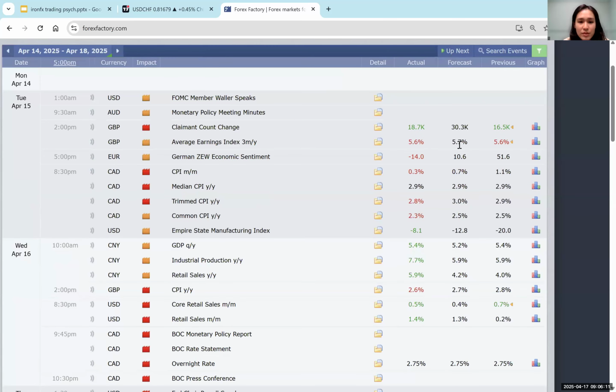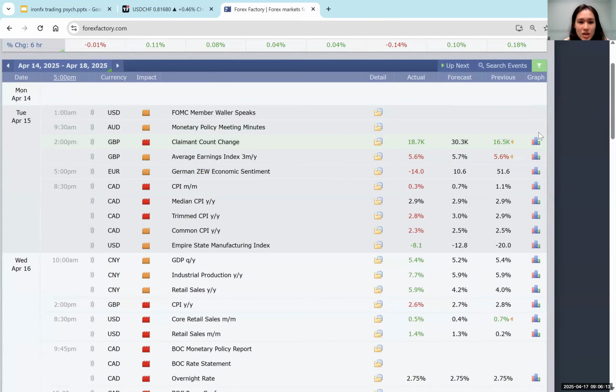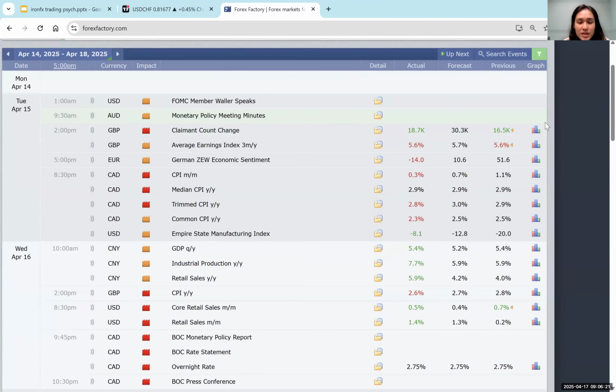Monday there were no events. Now on Tuesday we had US FOMC member Waller speaking, monetary policy meeting minutes from Australia, and UK's average earnings index 3-month on year data, which came out lower than forecasted at 5.6%.